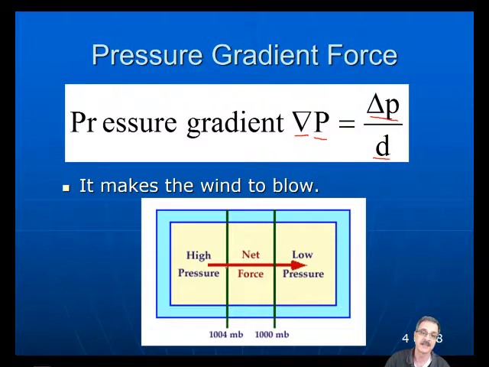So if we're looking from here to here, we have a change in pressure of 4 millibars, and what we have to figure out is what distance this would travel. Usually there's a scale on the map, I can measure it. So let's say that's, I don't know, 100 kilometers. So your pressure gradient would be 4 millibars divided by 100 kilometers.